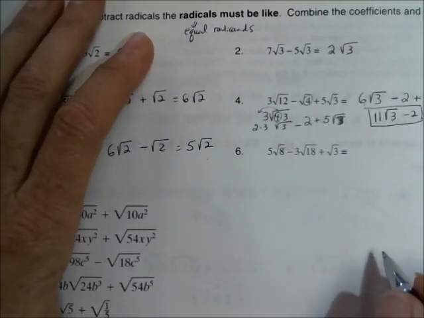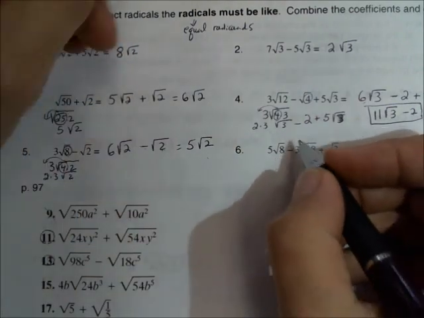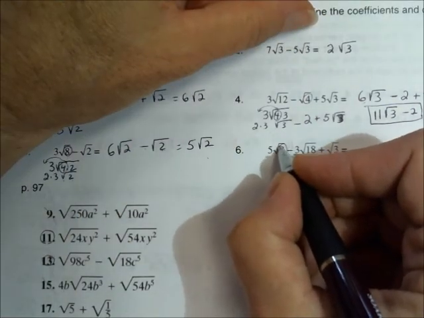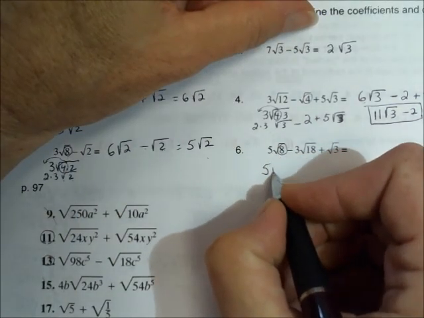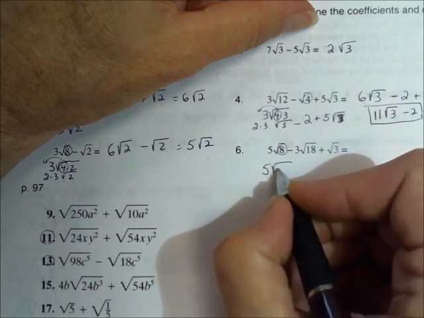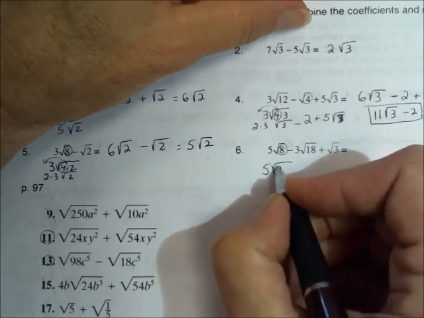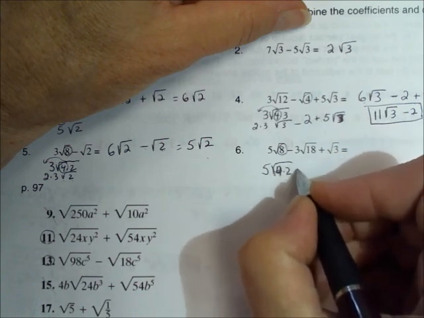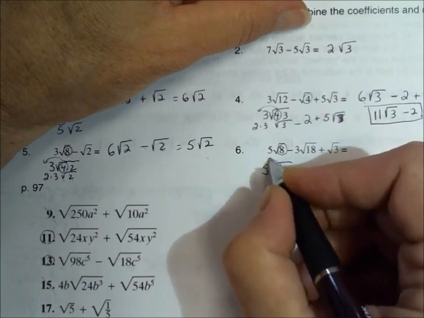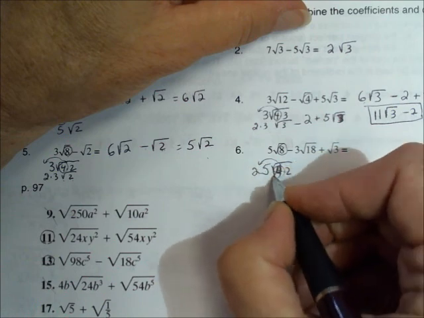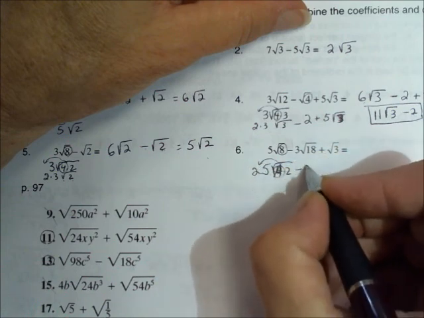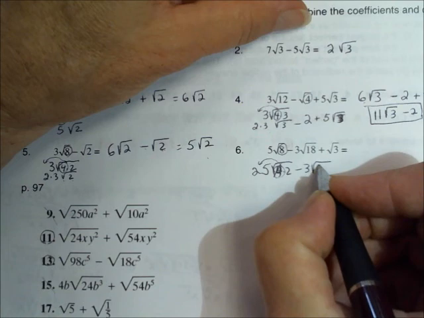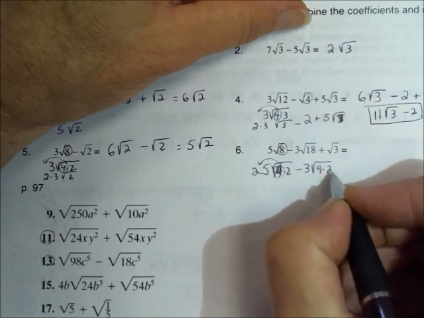And then the last problem, you have a couple of them that can be simplified. We've already done the square root of 8 before. This breaks down into 4 times 2, which we're going to take the square root of 4 and bring it outside and call it 2. The square root of 18 breaks into 9 times 2.